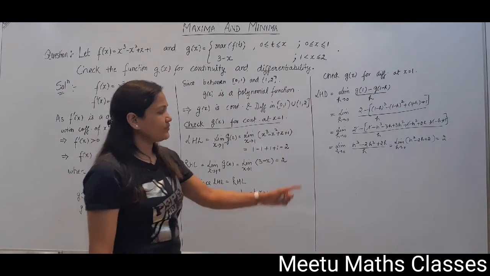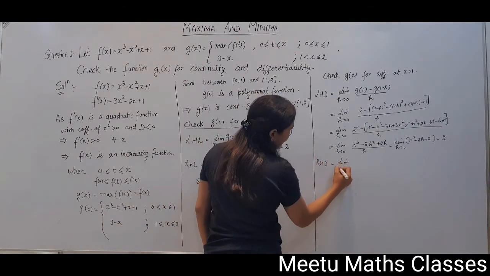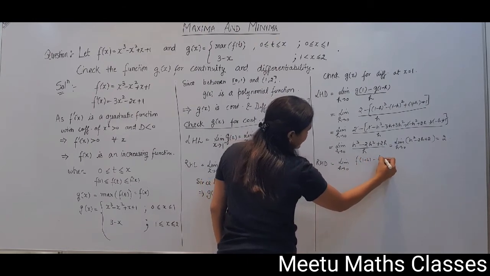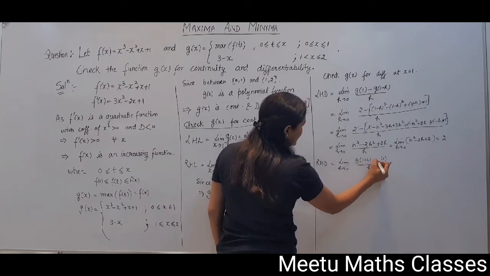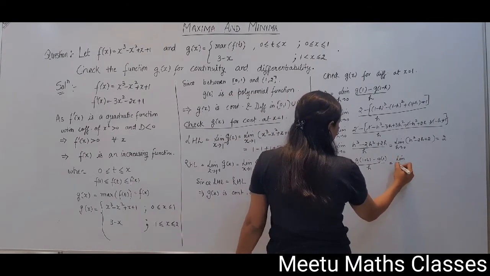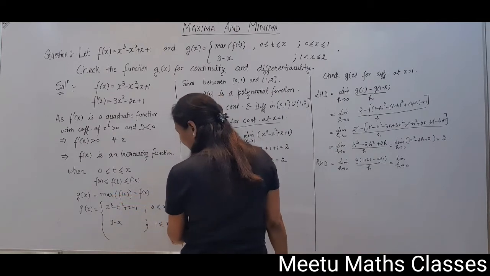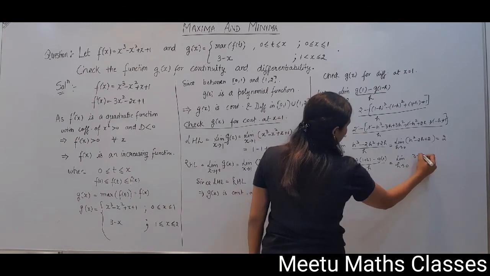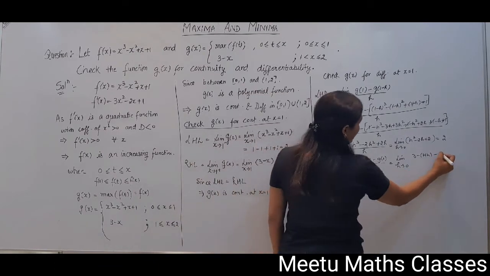So the left hand derivative is equal to 2, and the right hand derivative is limit h tends to 0 of g(1 plus h) minus g(1) upon h. To the right of 1, your g(x) is defined as 3 minus x, and g(1) is 2.